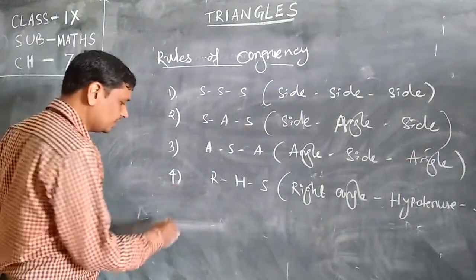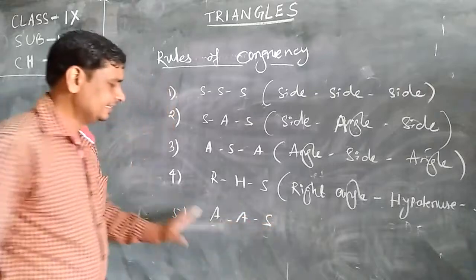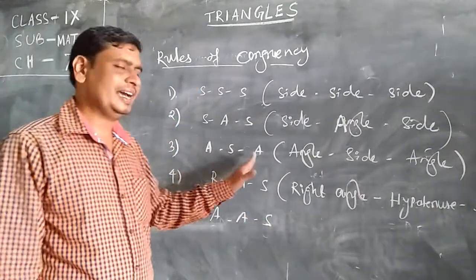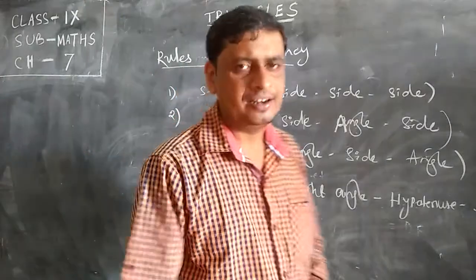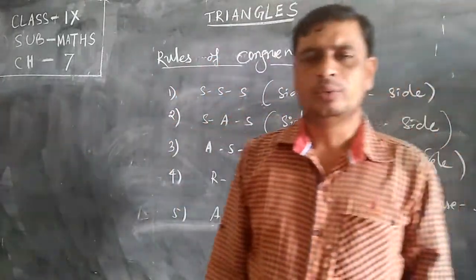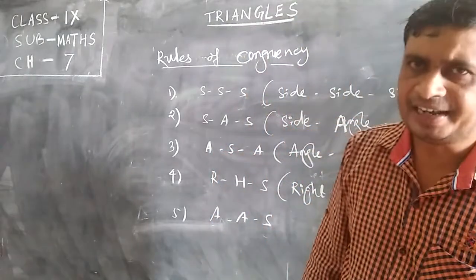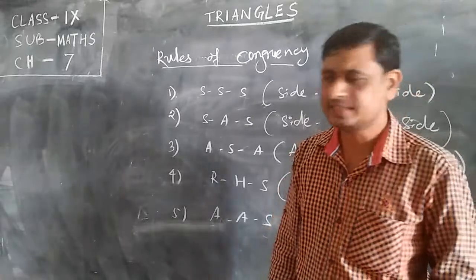And one more rule is there, that is AAS. This AAS is derived from ASA. Since two angles of a triangle are equal with two angles of another triangle, the third angle will be equal in both triangles.